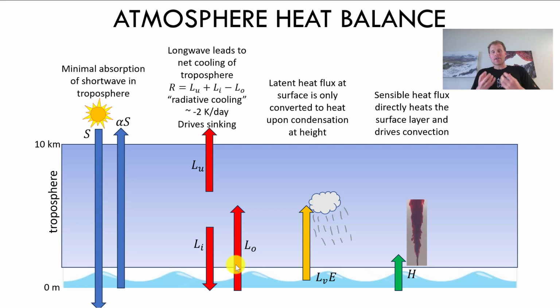But that recovery of heat and that dumping of heat into the atmosphere only occurs when the condensation occurs. So essentially this flux of heat that's coming out of the ocean and going to the atmosphere only actually heats the atmosphere when you get condensation occurring. So somewhere you're going to get condensation and rain falling, and that's where this latent heat flux is felt.